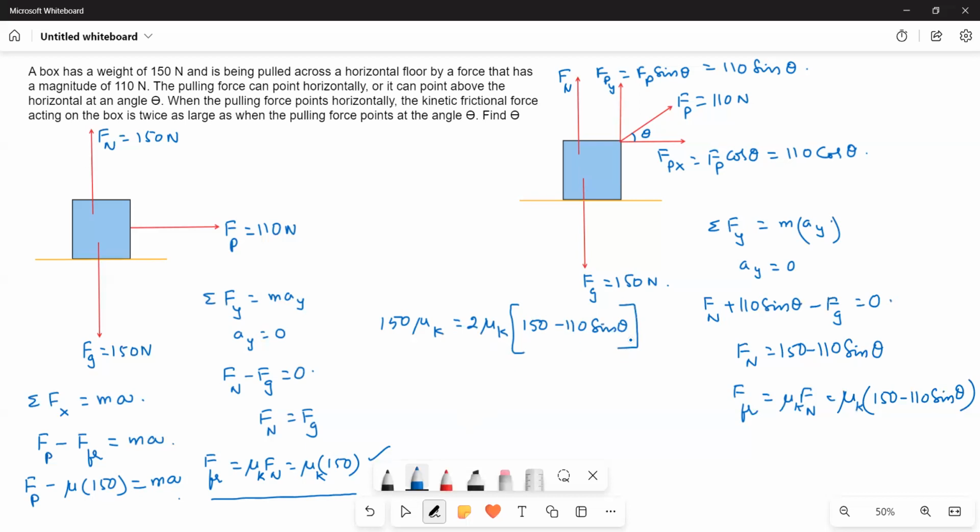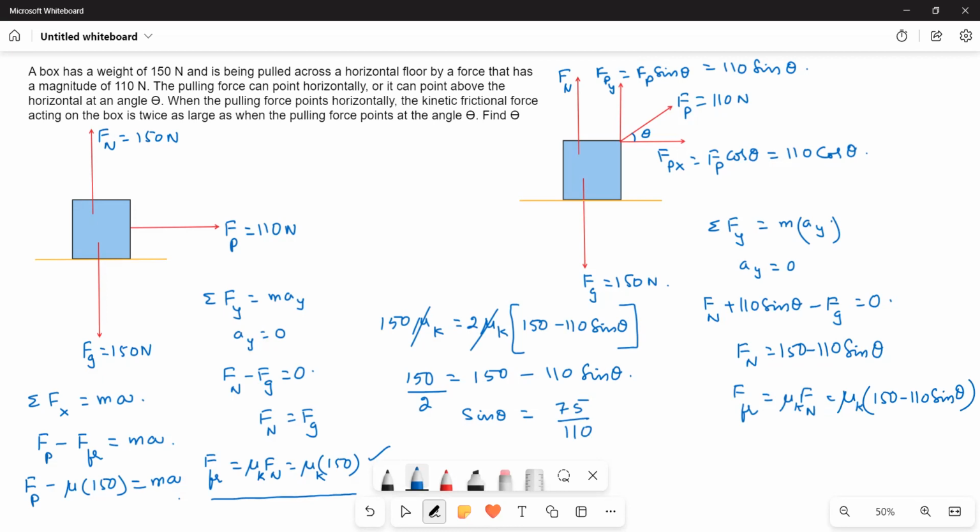From this we have to calculate theta. Mu k is on both sides, so it cancels out. Then we are left with 150 times 2 is 300, I will bring down, is equal to 150 minus 110 sin theta. On simplification, what I am going to get, sin theta is equal to 75 by 110. What is the value of 75 by 110?